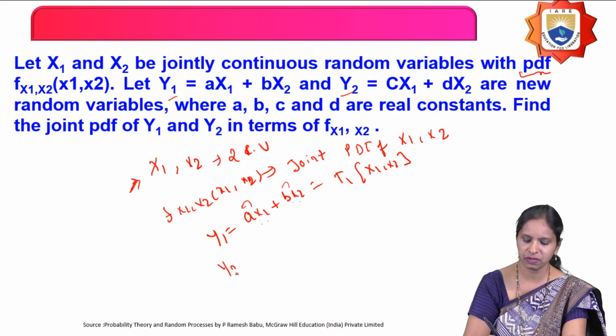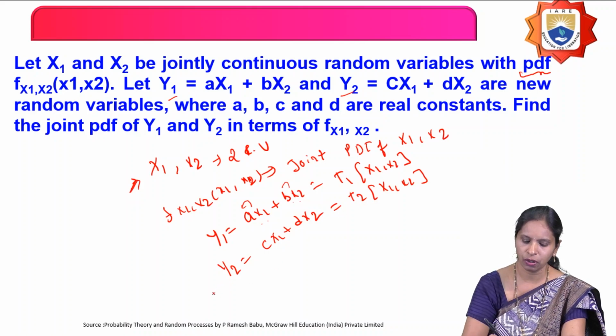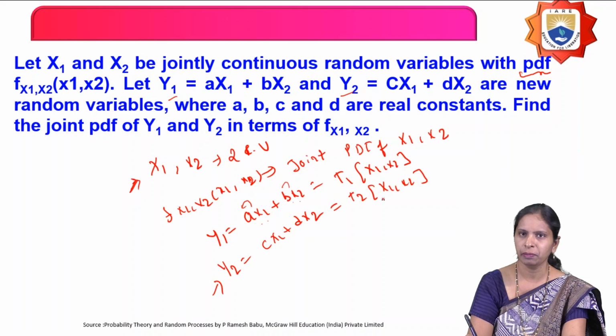And similarly y2 equals c x1 plus d x2. By performing operations on these random variables x1 and x2, you get a new random variable y2. How are we getting y2? By multiplying the random variable x1 with c and x2 with d and then adding those two.